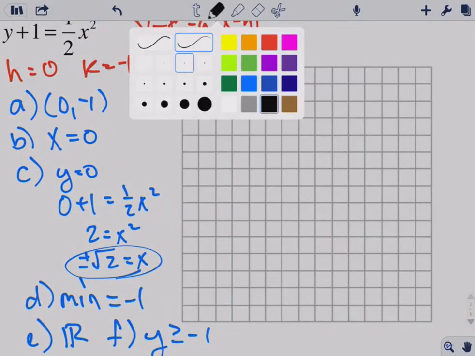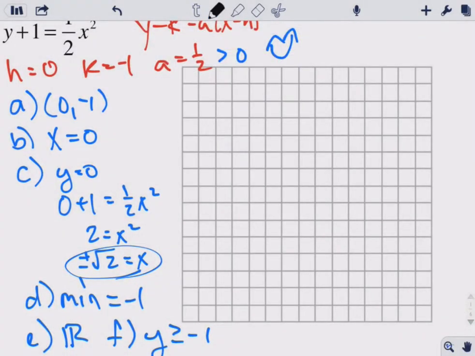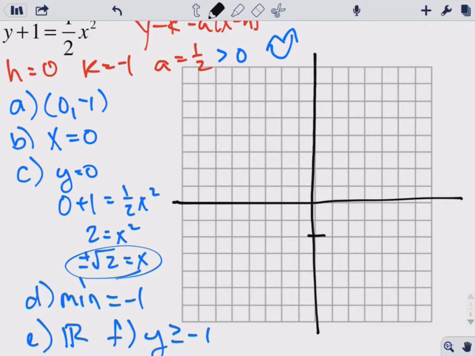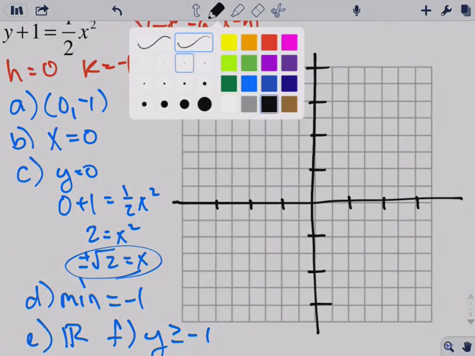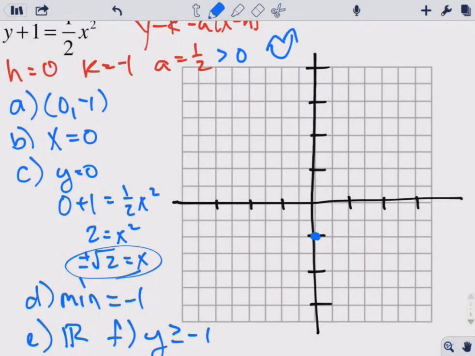Okay, so we need to graph this, 0, negative 1, and a is 1/2. Alright, so my vertex is 0, negative 1. And I'm going to treat these as 1 units. Okay, so 0, negative 1 is here.